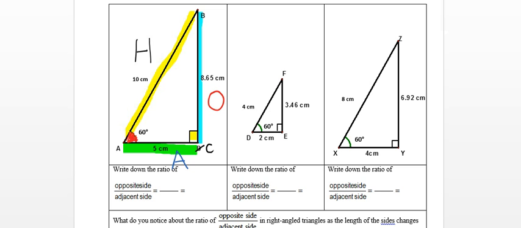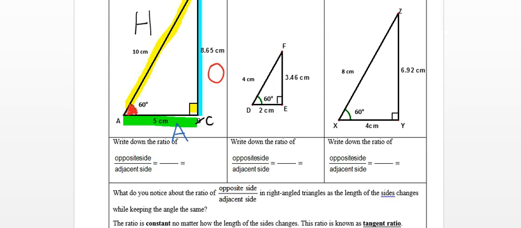Now, will you be able to write down the ratio of the opposite side over the adjacent side by finding the value given? So what do we have? We will have the opposite side, which is the letter O, to be 8.65, and the adjacent side to be 5 cm.